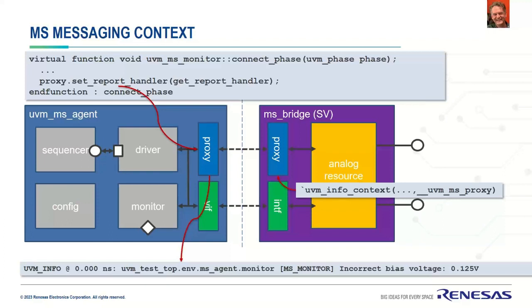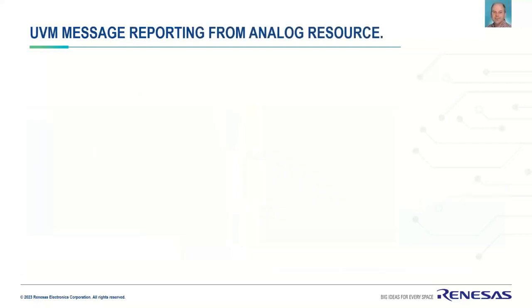That means the messages coming out from the proxy will look like they're coming out of the monitor. Then inside the bridge, we're calling the UVM info context macro, passing in the handle to the UVM-AMS proxy with a special fixed name. That will send the messages back out to the agent context, or the monitor context in this example.